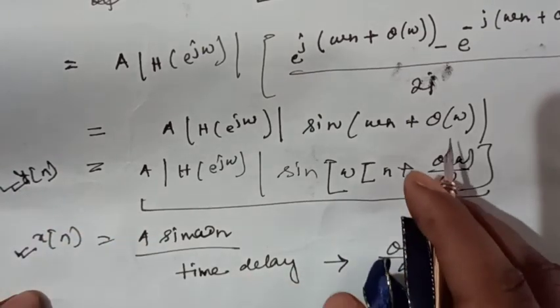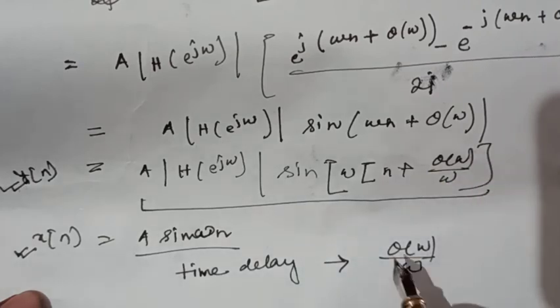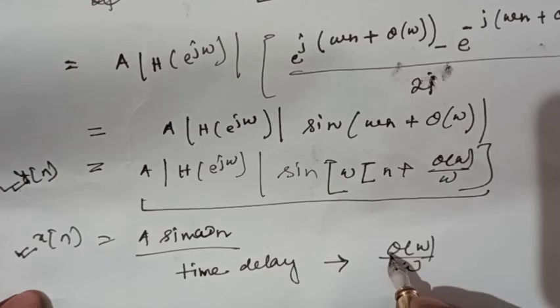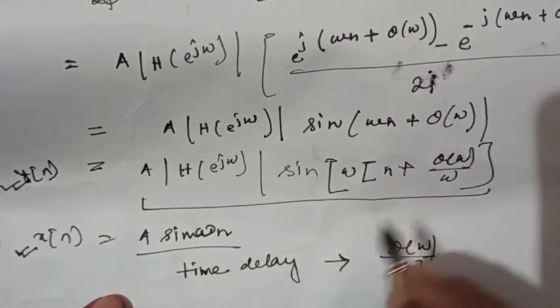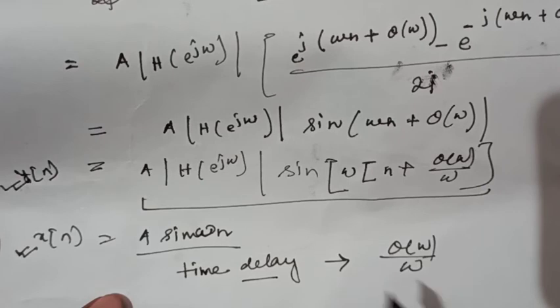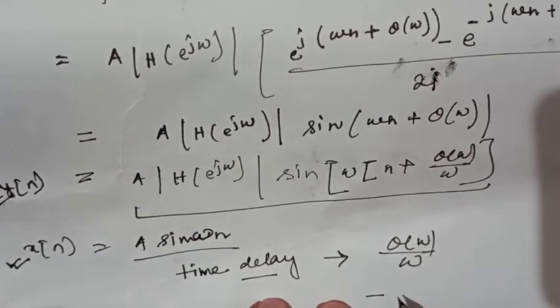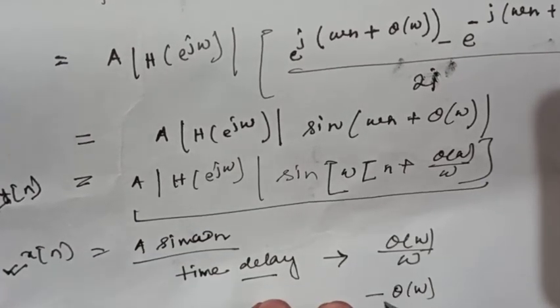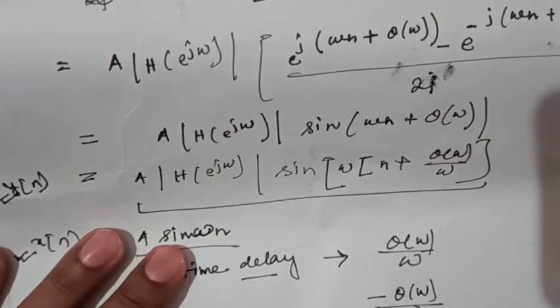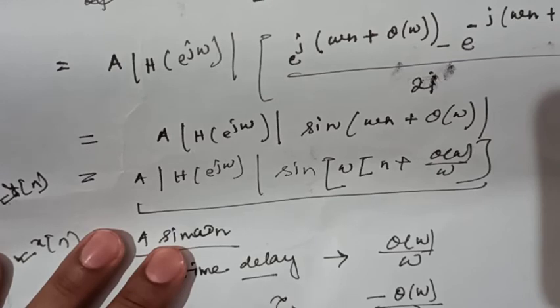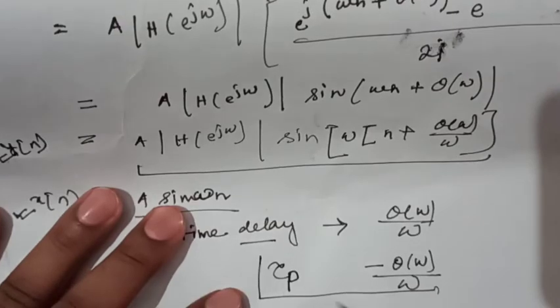But as we look at it, the delay term is θ(ω) by ω, and θ(ω) is nothing but the phase part. Since I am talking about it as a delay, you just put a minus over here, so minus θ(ω) by ω. And since θ is a phase, it is also called the phase delay. It is denoted as τp. So this is the phase delay.